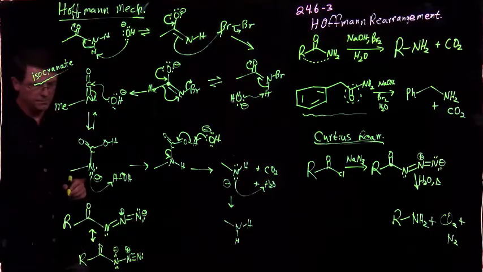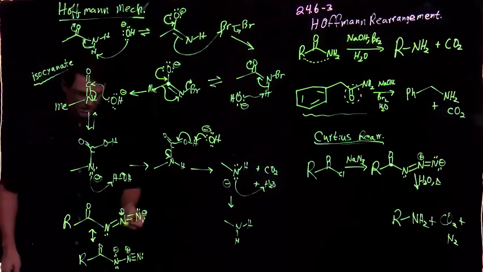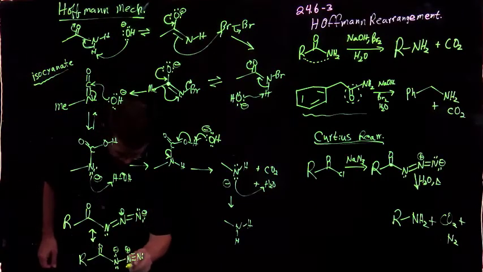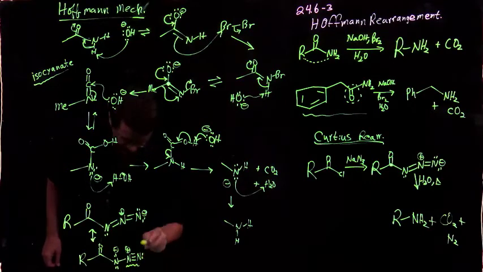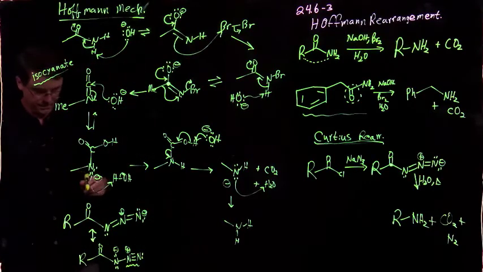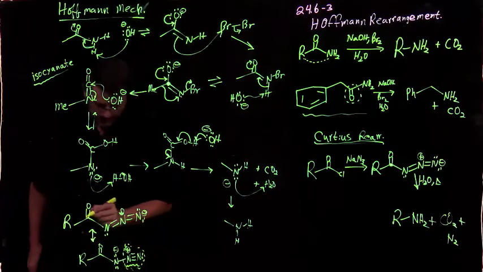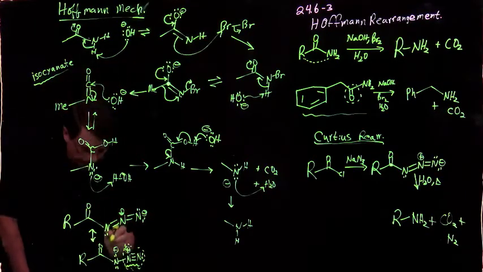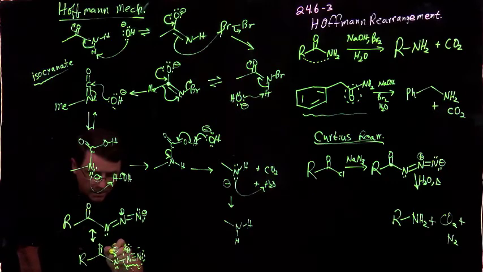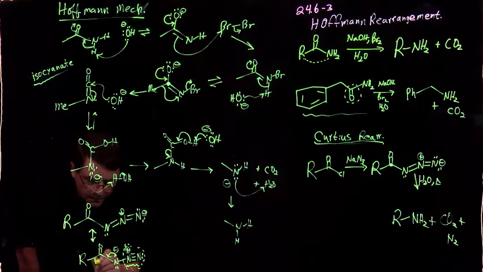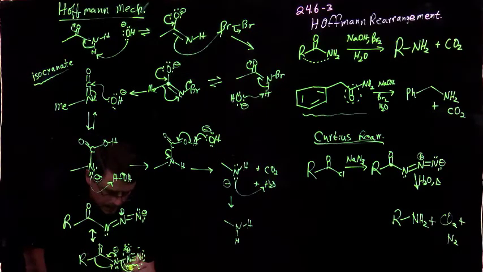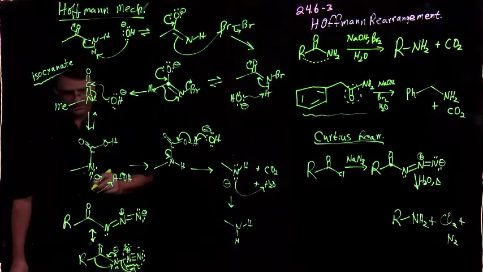And that puts the negative charge on the other end. But what I hope you see is we have dinitrogen ready to go. So you heat this up a little bit, and that lone pair can swing over here to make a carbon-nitrogen double bond. The alkyl group migrates, and nitrogen says, "See you later, alligator."